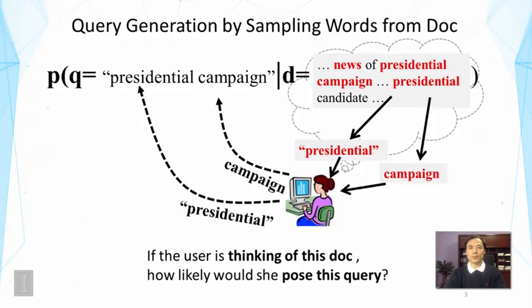And this allows us to also not rely on the big table that I showed you earlier to use empirical data to estimate this probability. And this is why we can use this idea to then further derive a retrieval function that we can implement with the programming language. So as you see, the assumption that we made here is each query word is independently sampled. And also each word is basically obtained from the document.